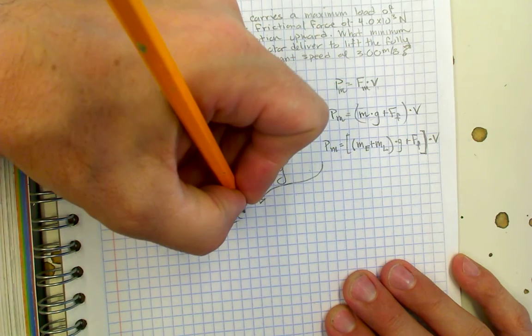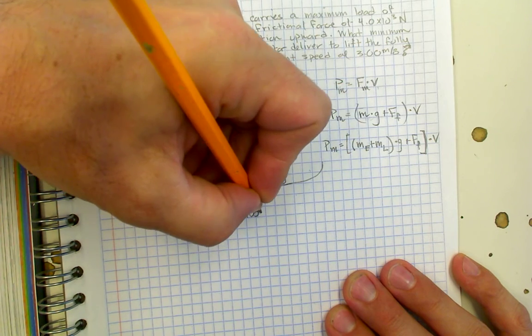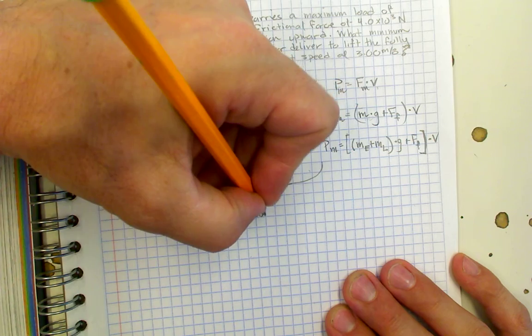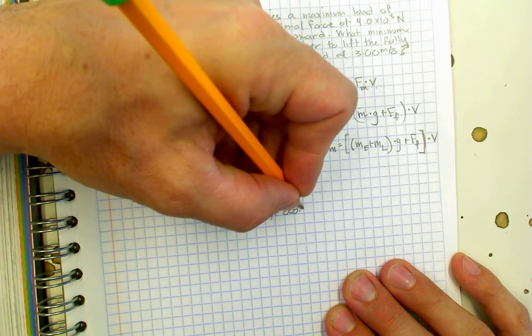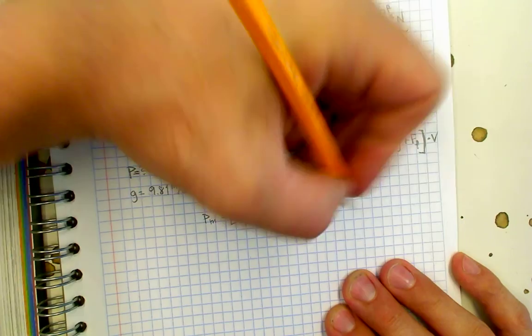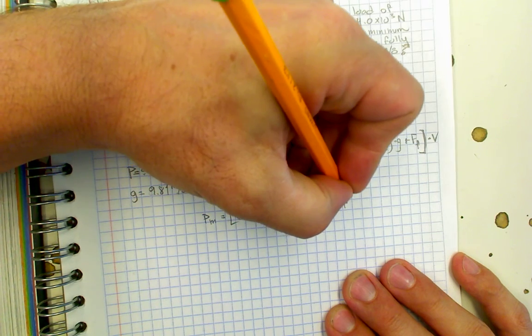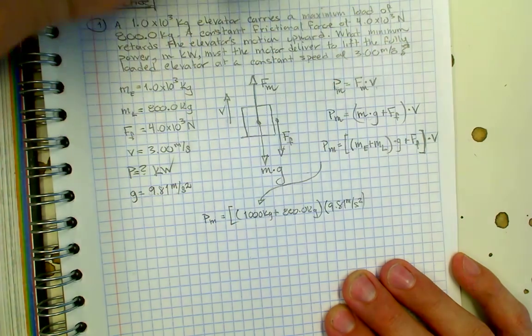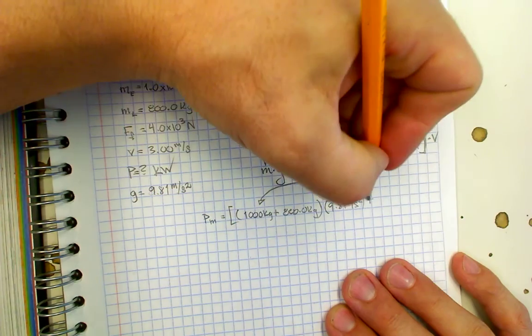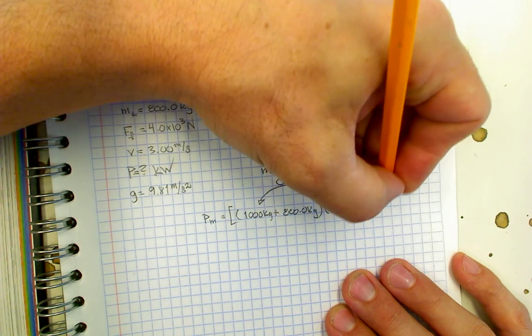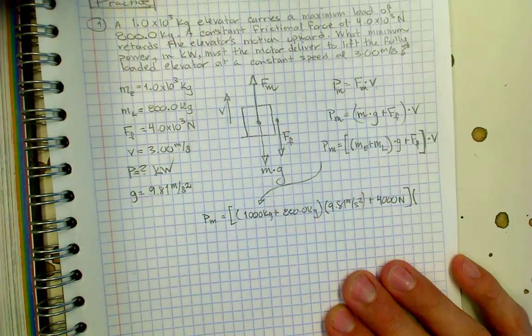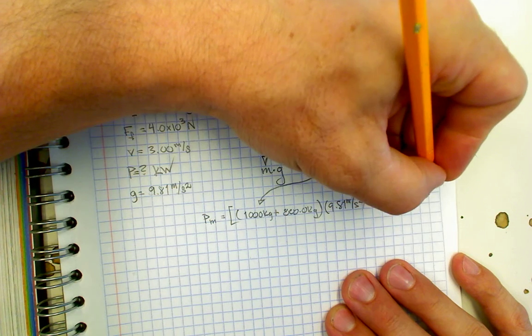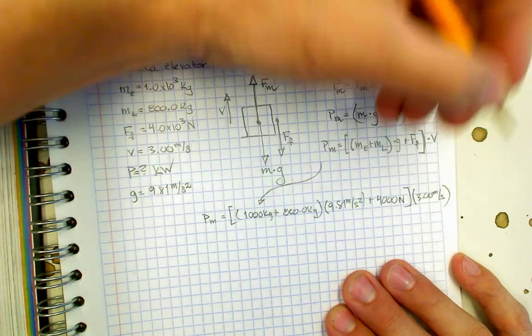Mass of the elevator, I'm going to just write it all in standard notation, 1,000 kilograms plus 800.0 kilograms times 9.81 meters per second squared, plus the force of friction, which is 4,000 newtons, and that whole thing times the velocity, which is 3.00 meters per second.